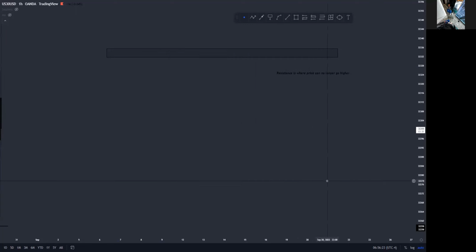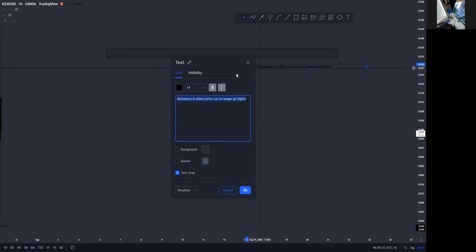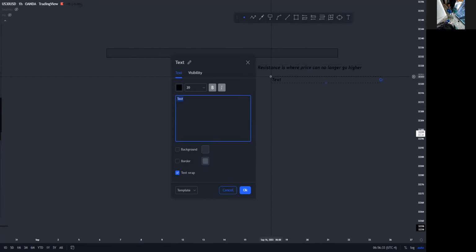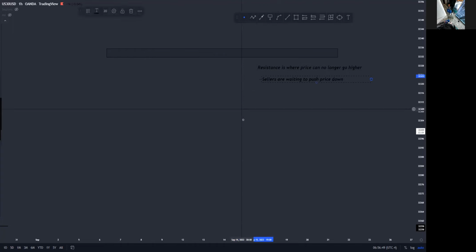This is one thing you can do. And then the second thing it can do is this is where sellers are waiting to push price down. This is an area of where sellers are waiting to push price down.